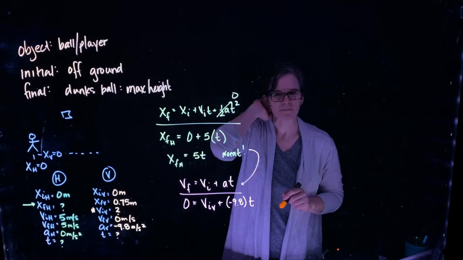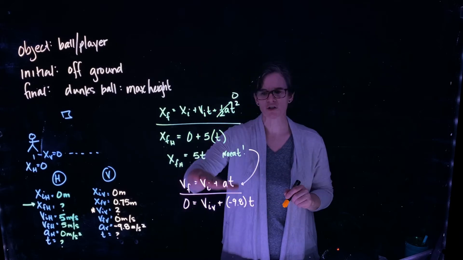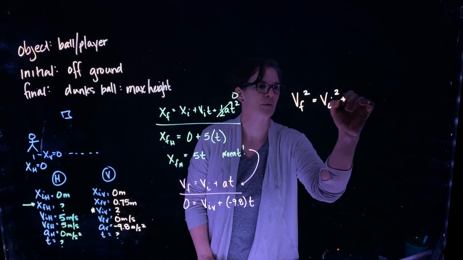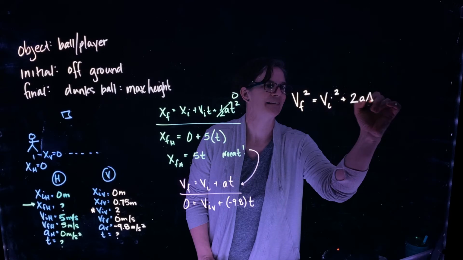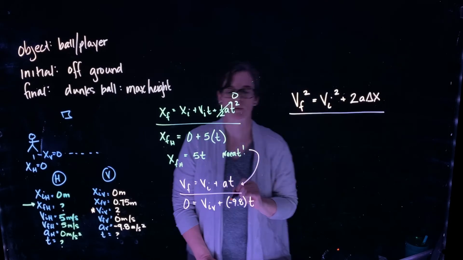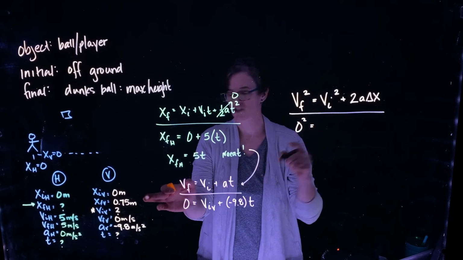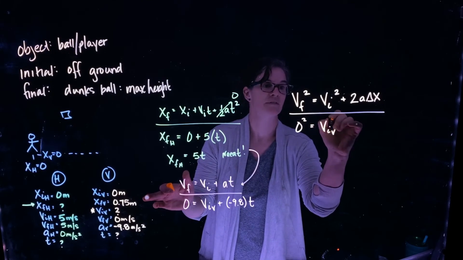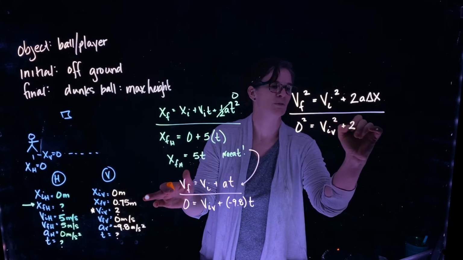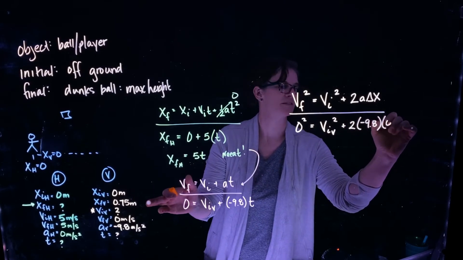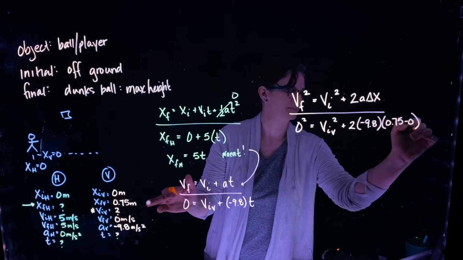Now I don't have time, so I might not want to choose an equation that has time in it. But we do know that other equation, v final squared is equal to our initial velocity squared plus 2a times my displacement. 2 times the acceleration times my displacement. Well, v final is 0, so I have 0 squared. I don't know v initial squared, plus 2 times negative 9.8 times x final, 0.75 minus 0.